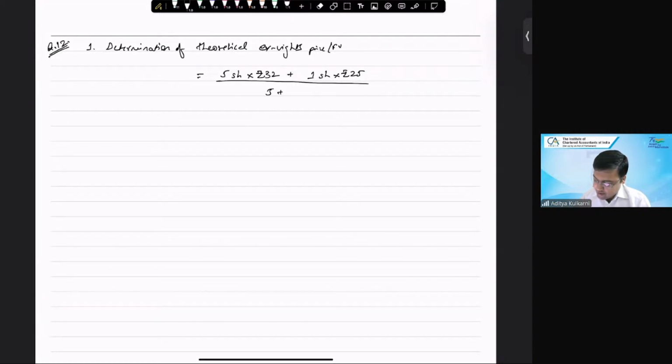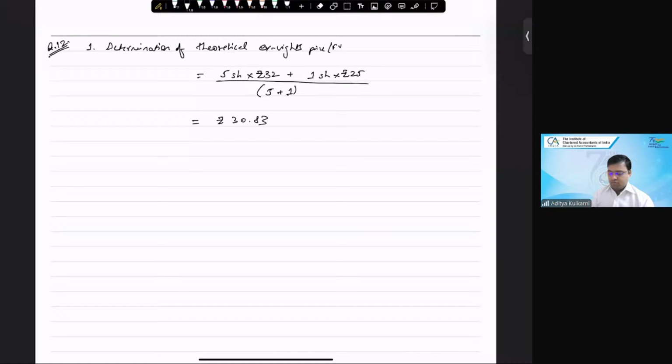That's right. 5 plus 1. So that gives you how much? That gives you rupees 30.82 or 83, whatever it is. Okay. Is it fine? Yes, sir. Okay.